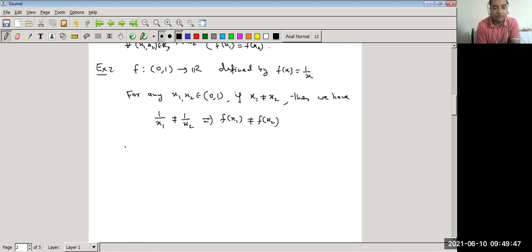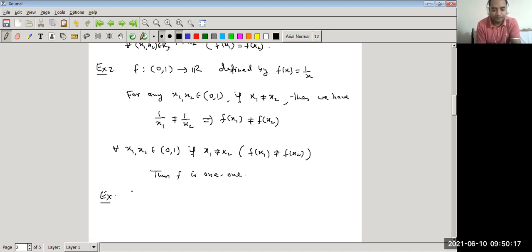So by definition we can say, for any x1, x2 belongs to the open interval (0, 1), if x1 is not equal to x2, then f of x1 is not equal to f of x2. Then the function is 1-1. So thus f is 1-1.